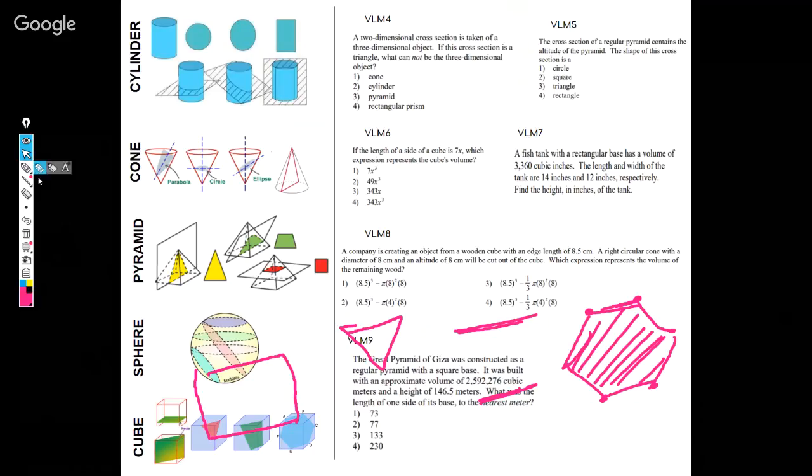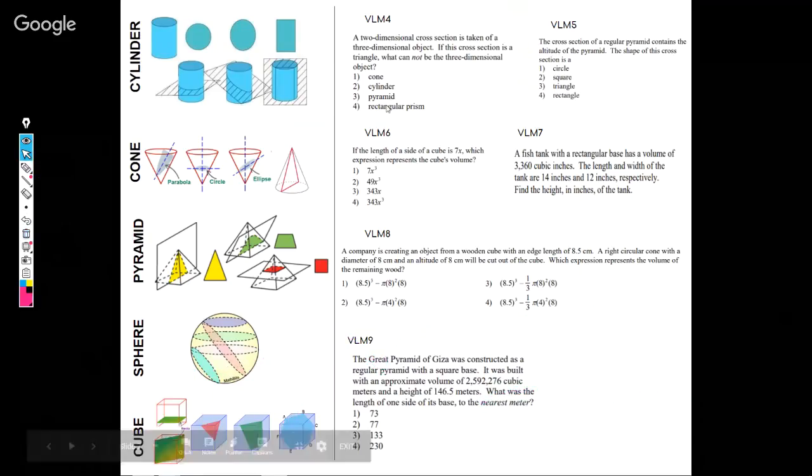Okay, next. Let's look at a couple questions. So here it says a two-dimensional cross-section is taken from a three-dimensional object. If the cross-section is a triangle, which cannot be the three-dimensional object? So you have to say, okay, can I get a triangle from a cone? Yes, you can get a triangle from a cone going straight up and down, so it's not number one.